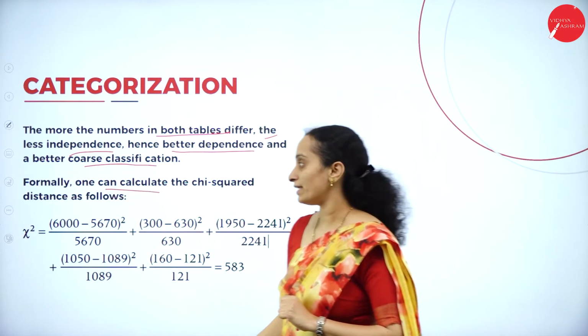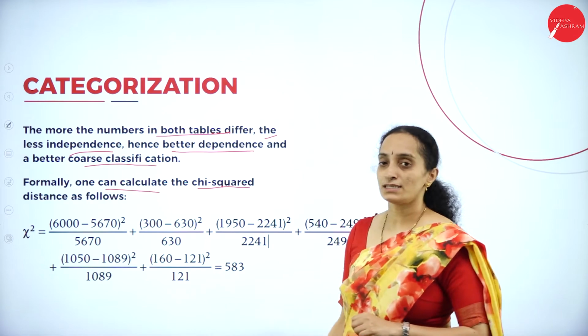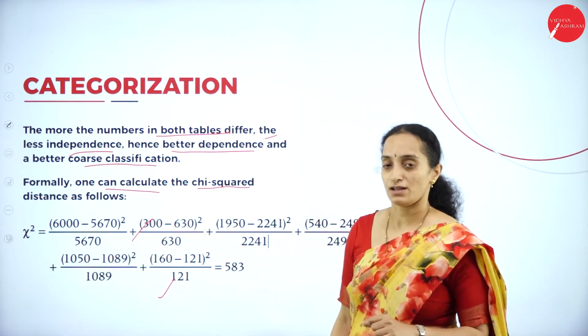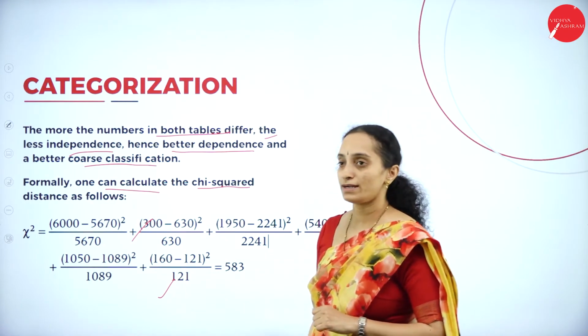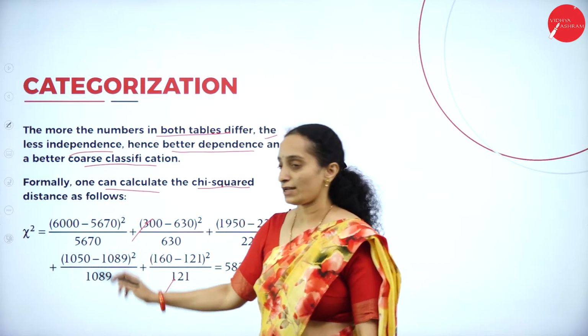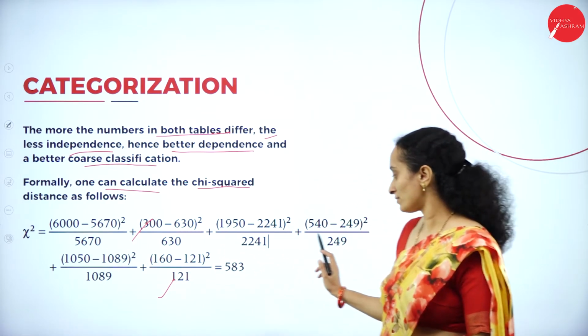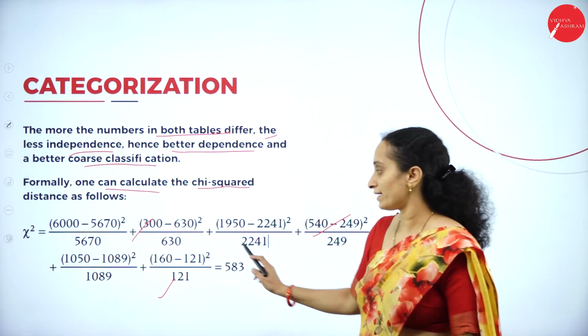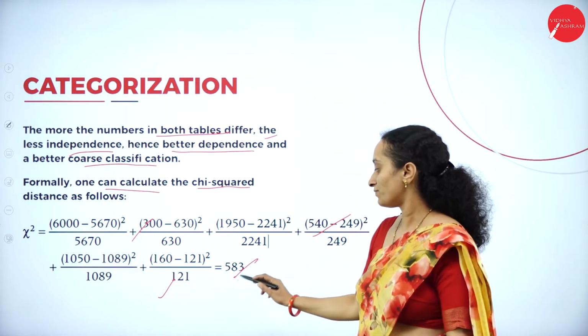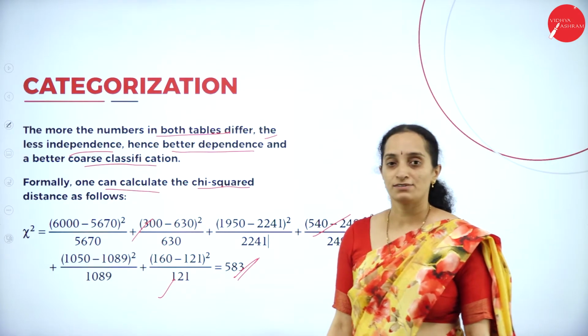So, formally one can calculate the chi-squared distance using this expression. What is the chi-squared distance? We use these values to calculate the chi-squared distance between the different values.